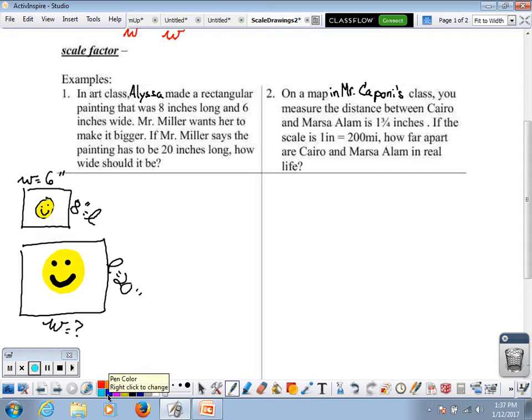So they're giving us two different shapes. Okay, the original painting and the expanded painting, the enlarged painting. They're giving us the length and width of each of those paintings. So we're going to set up a proportion. Now, on one side of the proportion, I'm going to have the original, the first one that Alyssa did, and then on the second one, I'll have the enlarged.